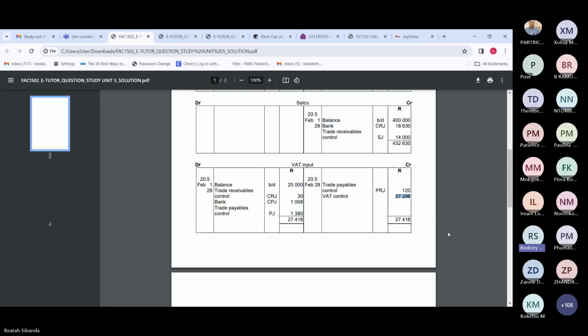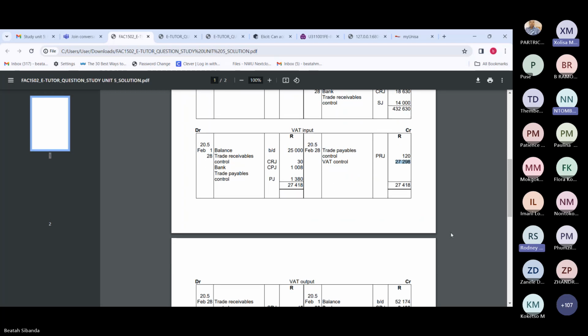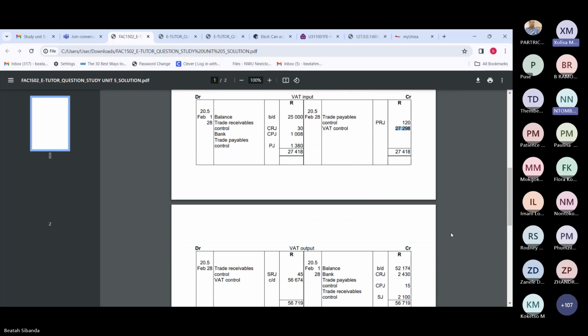If you do a further calculation and you say VAT control, isn't that the amount that you then are supposed to pay over to SARS? No, the net amount, if you want to call it that, is SARS owes you 27,298 and you owe SARS 56,674.